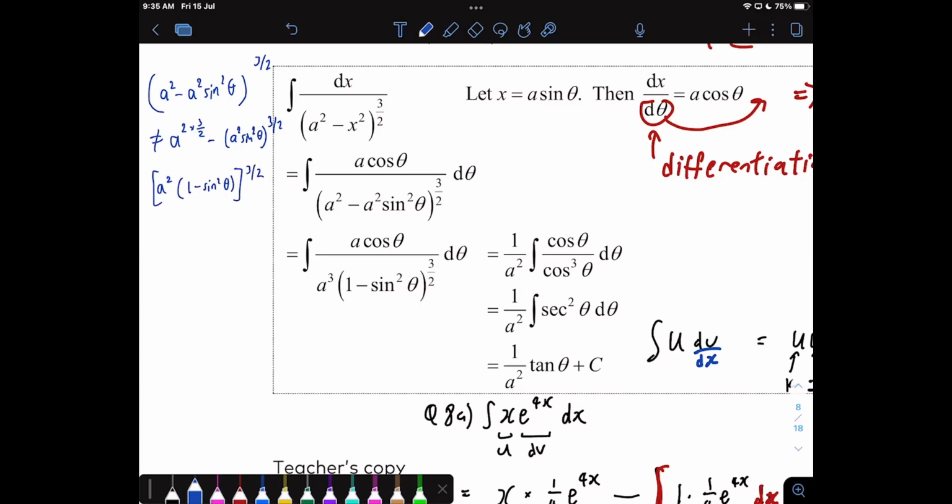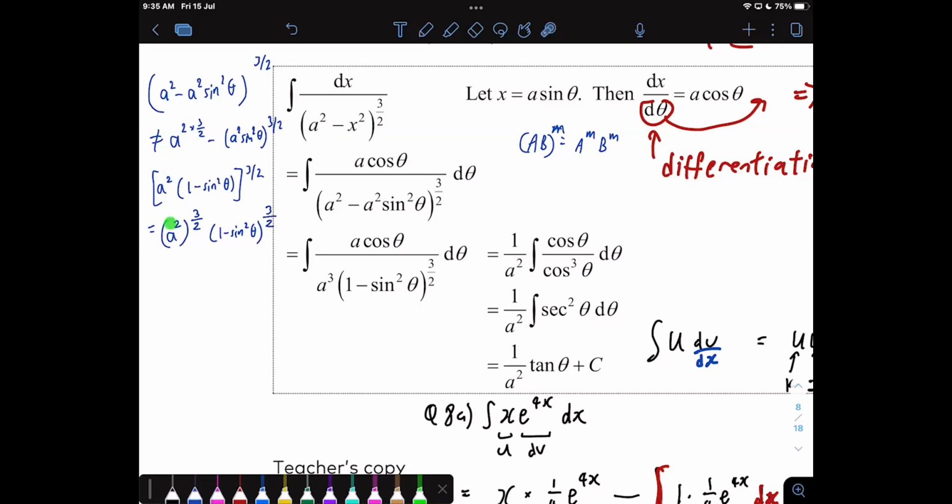Clear? Then after that, you can bring in the power because now you have the format of A times B to the power m equals A to the power m times B to the power m, where capital A is the a square, capital B is 1 minus sine square. So you get a square to the power of 3 over 2 times 1 minus sine square theta bracket to the power of 3 over 2.